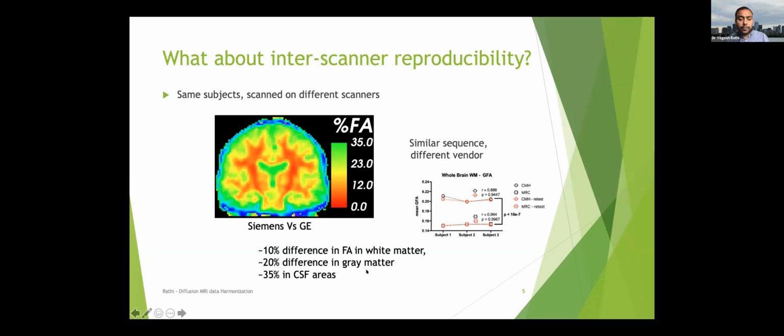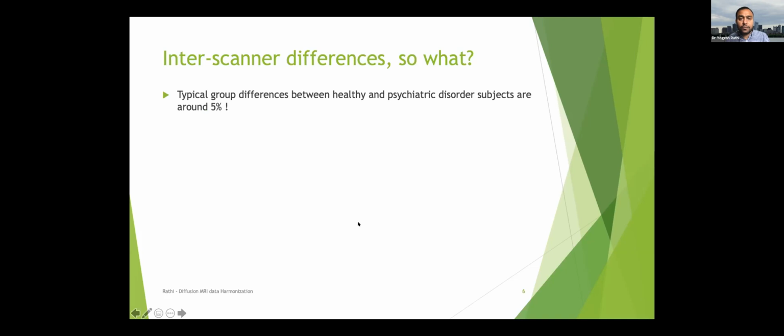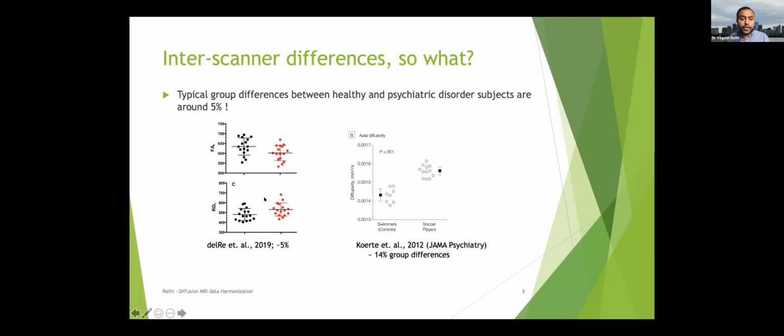So why do we care? I mean, okay, 10, 20% difference, so what's the big deal? Here I'm just taking 2 representative examples. With 2 groups of subjects on the left, the difference is really 5%, and this is more often the case in psychiatric disorders.